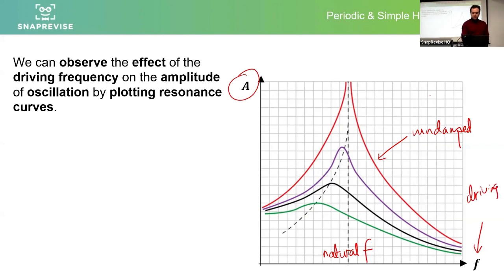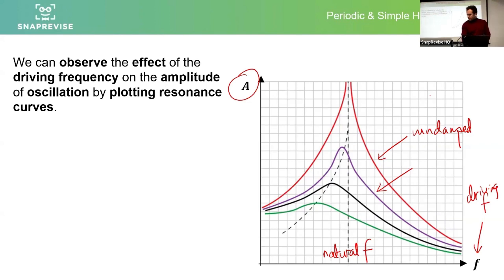So if we match it to the natural frequency, you can see the amplitude goes very high indeed. If you've ever seen the video of the Tacoma Narrows Bridge, where it starts wobbling because the wind strikes the bridge with a driving frequency equal to the bridge's natural frequency, and the whole bridge collapses, that's exactly what's going on there.